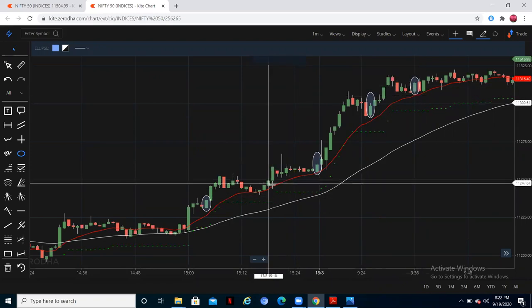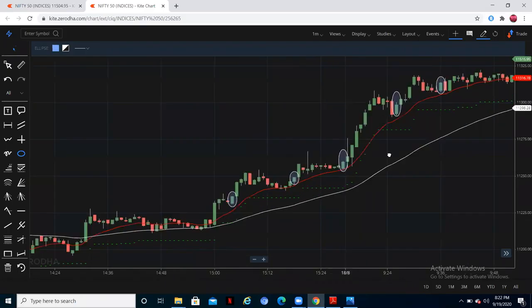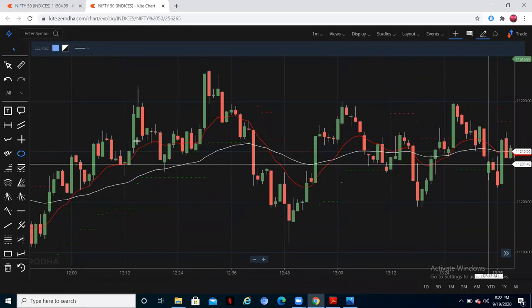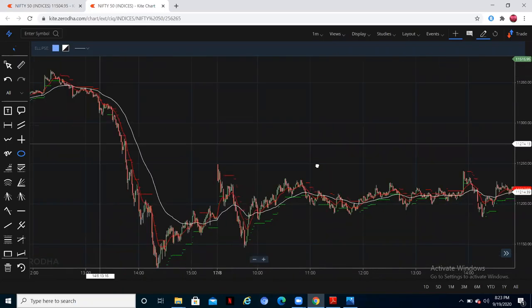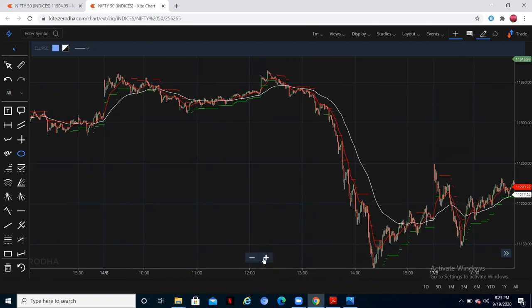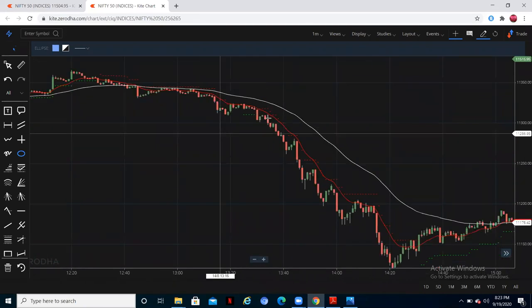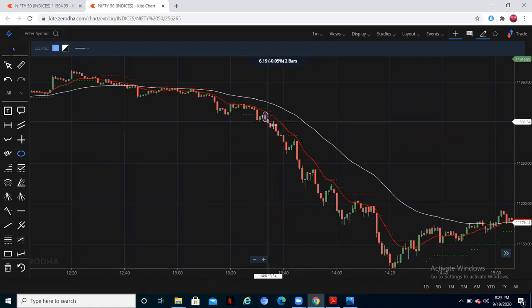Every such candle is a safe candle. So whether you are buying the stock or you are selling the stock, you will be entering on the candles which are small in size, not too big, not having big shadows, the safe candles.